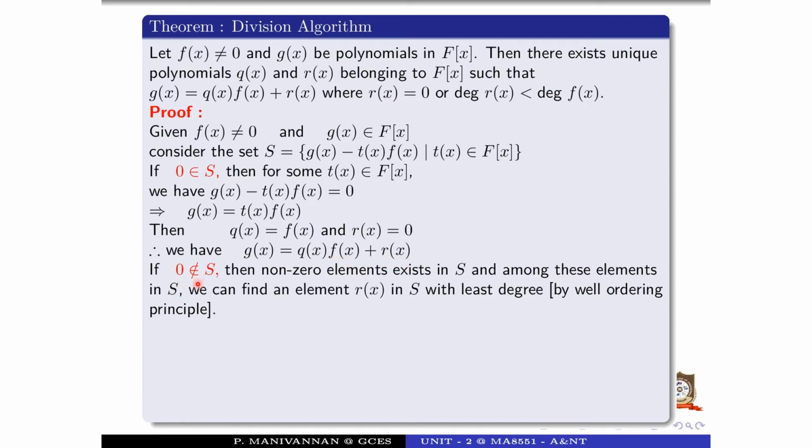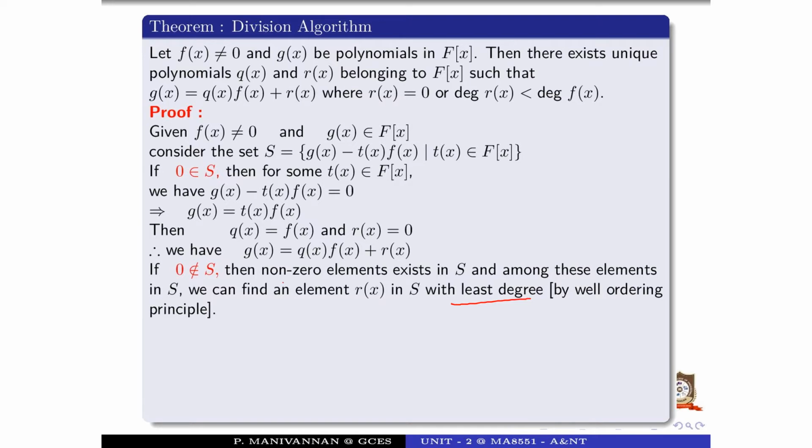If 0 does not belong to S, then there exist non-zero elements in S. Among these elements in S, we can find an element R of x in S which is of least degree.